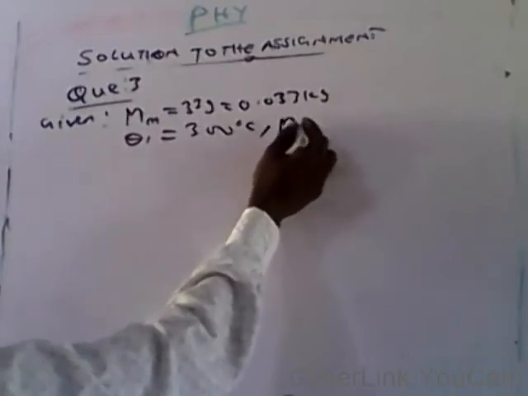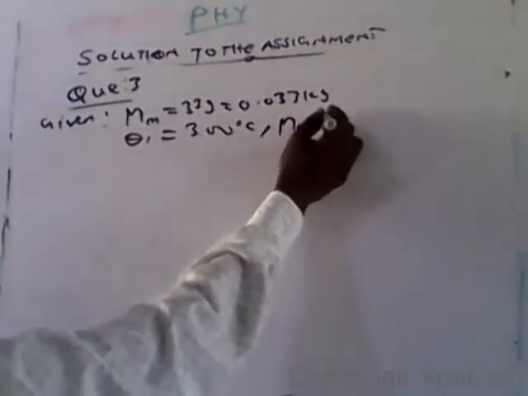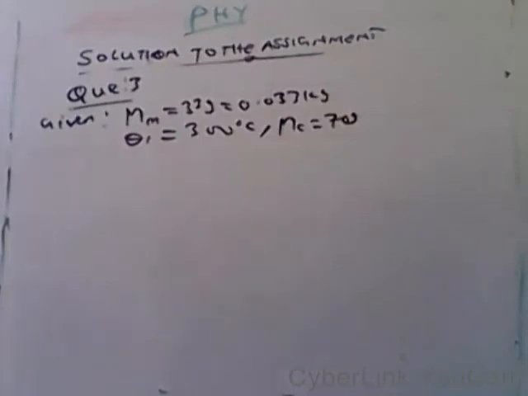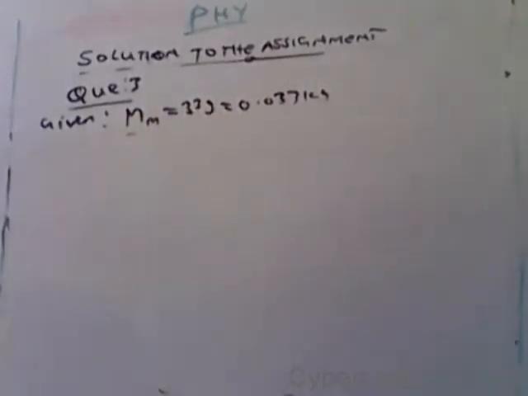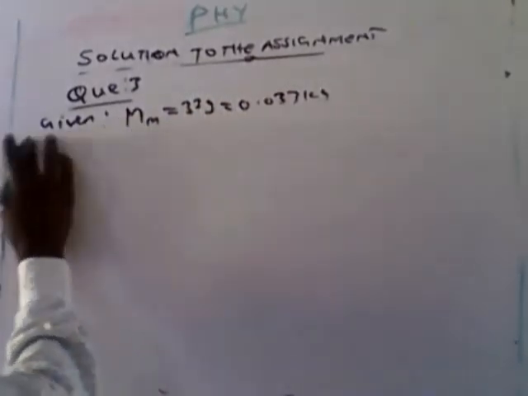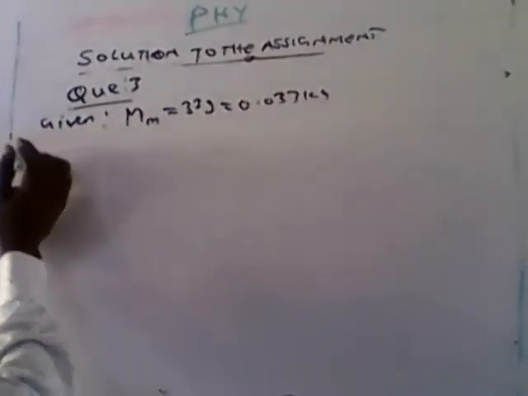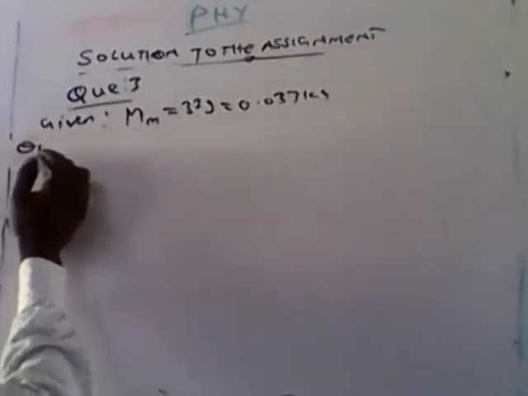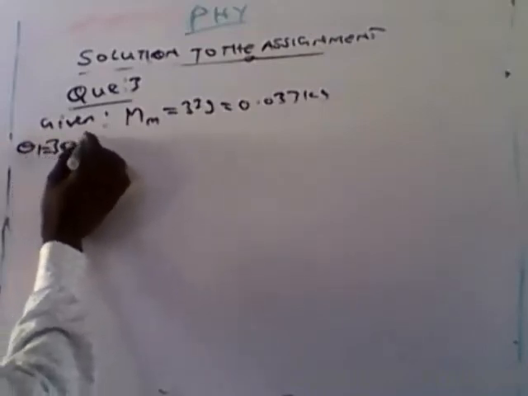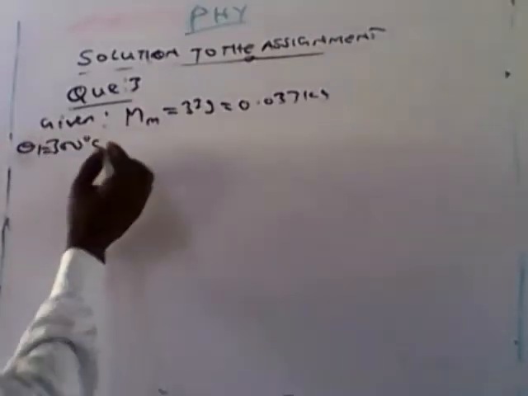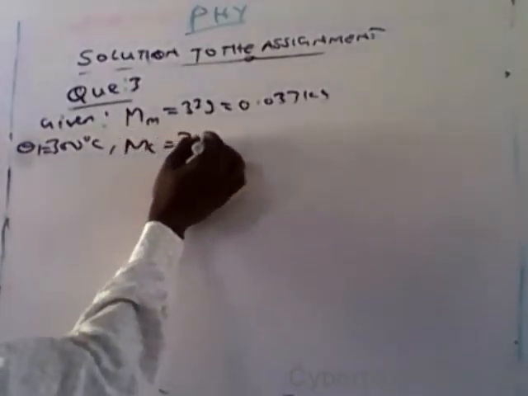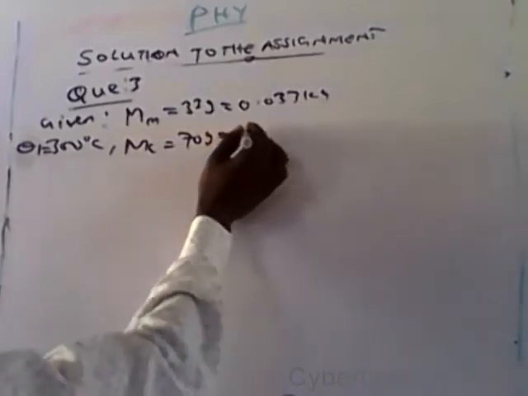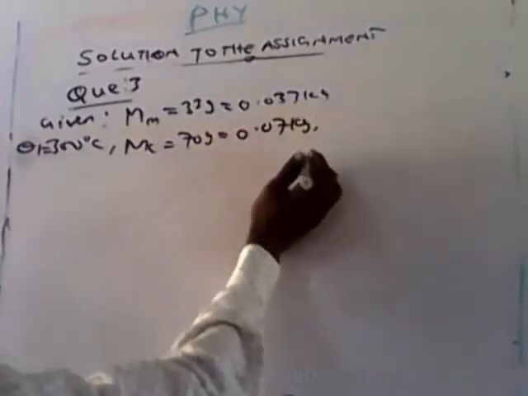We are also given the mass of the calorimeter to be 70 grams, that is 0.07 kg.